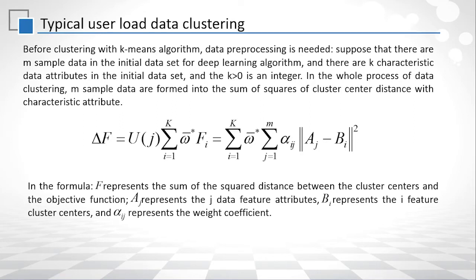Before clustering with the k-means algorithm, data processing is needed. In the whole process of data clustering, m-sample data are formed into the sum of squares of cluster center distance with characteristic attribute.